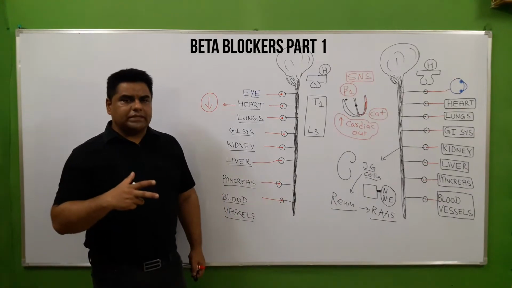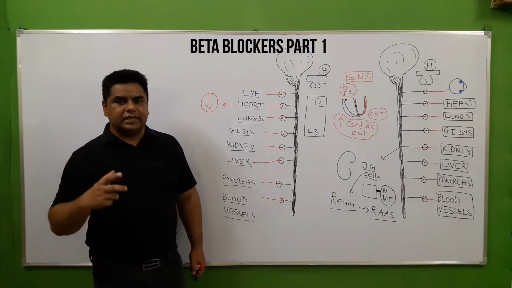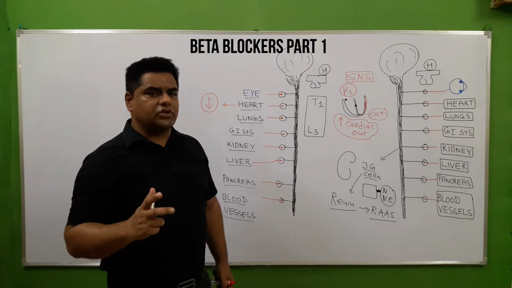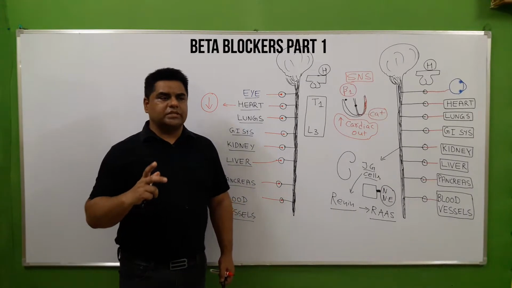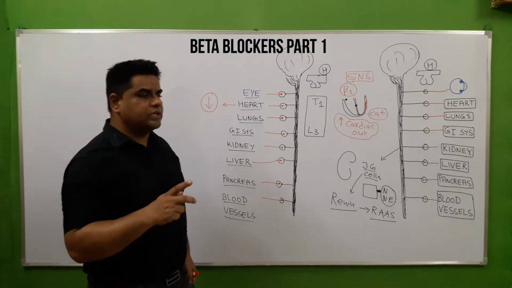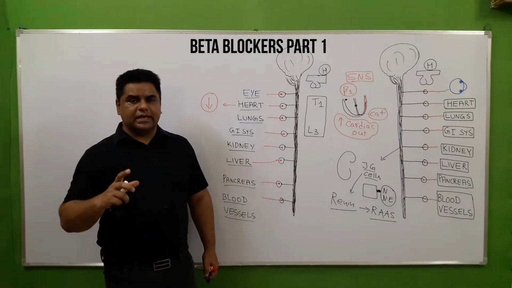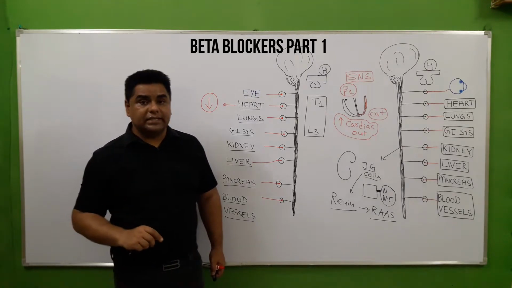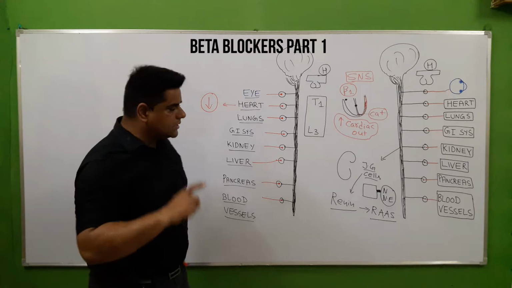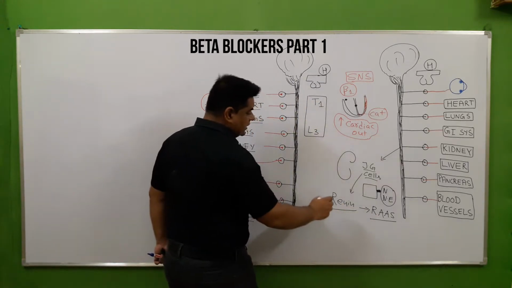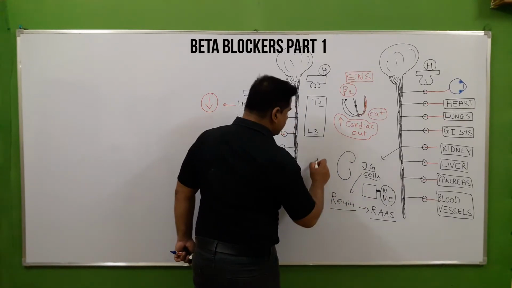I am stopping this lecture for 2 or 3 seconds. Yes, it includes release of renin, conversion of angiotensinogen into angiotensin 1 and then into angiotensin 2 by ACE, angiotensin converting enzyme, in the lungs. Yes, you are right, in the lungs. So this is going to increase the BP.